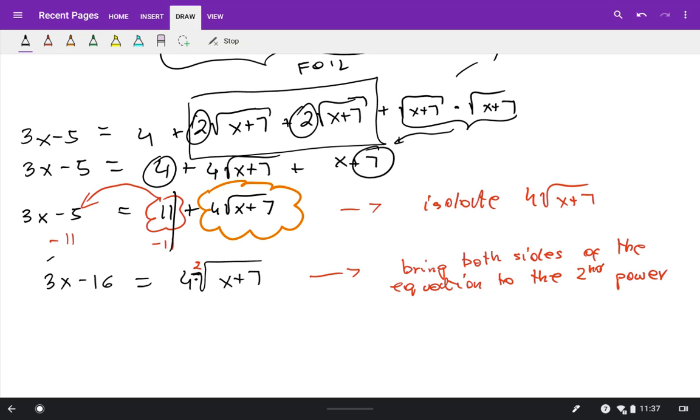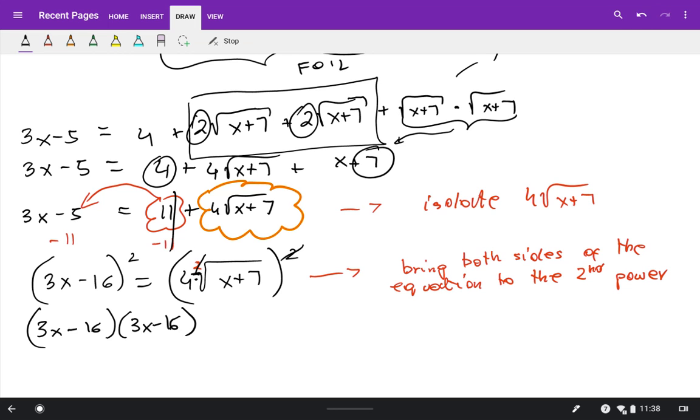Okay, so we bring both sides of the equation to a second power. So here we have 3x minus 16, which is the same as 3x minus 16 times 3x minus 16. On the right side, that will cancel. Oh, you know what? Maybe I did that too quickly.